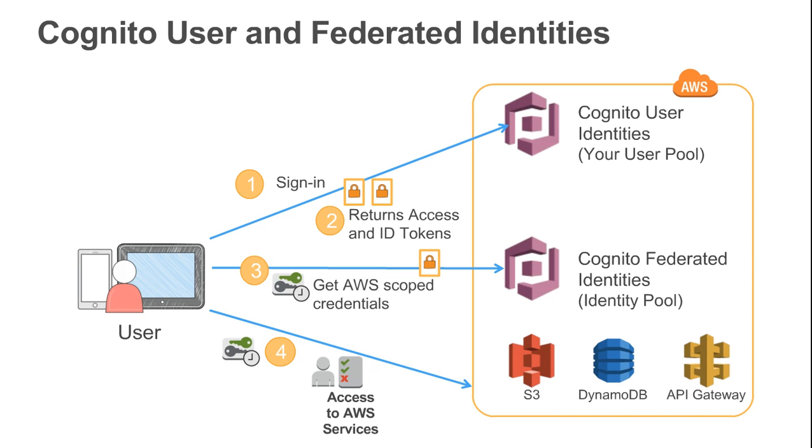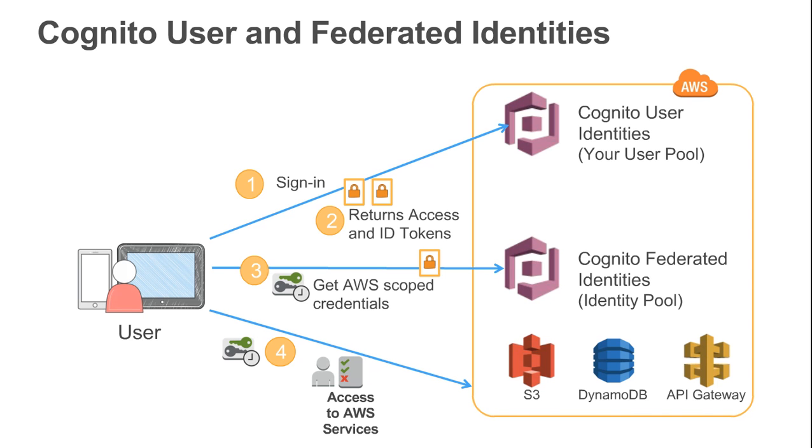And you take that ID token if you wanted to then get permissions for that user. You'd use step 3 here with that ID token and use the identity pool. Now with the identity pool, the federated identity is part of Cognito. What you're doing is giving us that token which says, here's an authenticated user, and we're going to give back to you AWS scoped credentials.